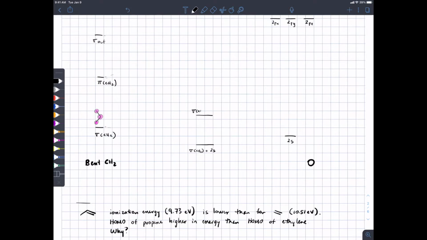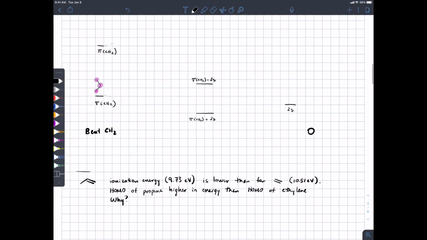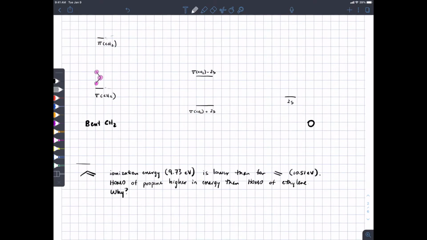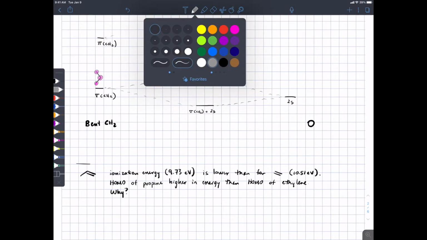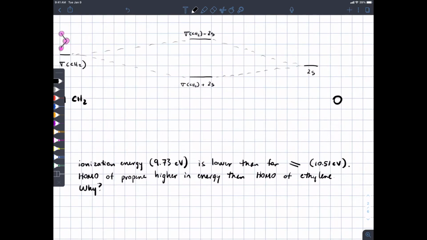This is a sigma CH2 minus 2s. If the 2s orbital is lower in energy than the sigma CH2 orbital, we would expect the new plus combination to be biased towards oxygen, more on oxygen than on carbon. And we would expect the minus combination to be more on carbon than on oxygen.